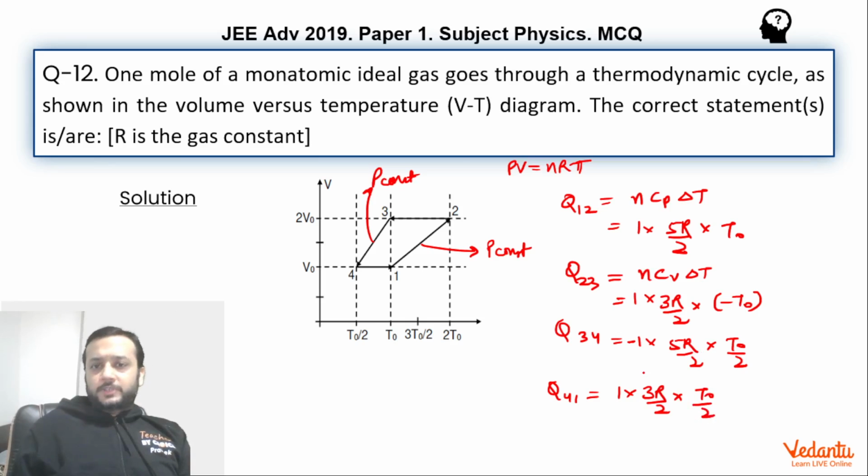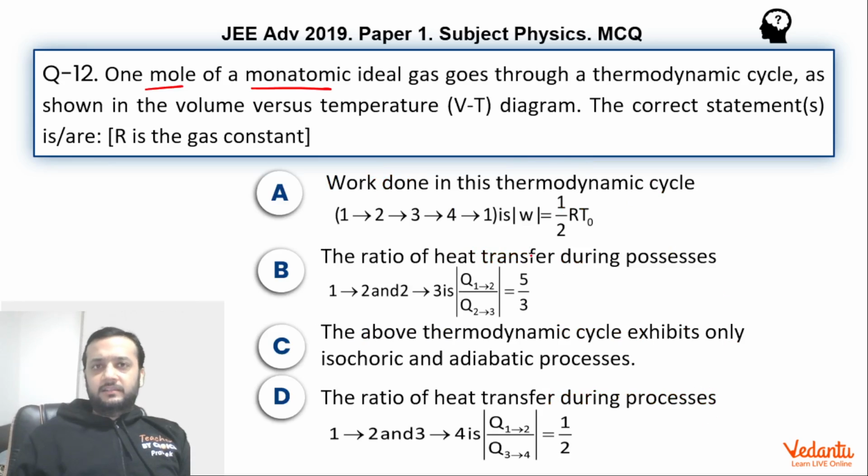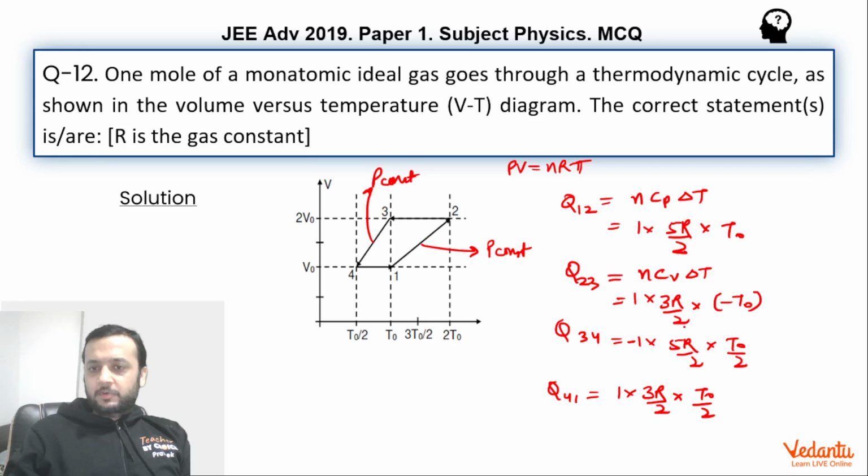Now if you go back to the options, work done in this cycle. For any cyclic process, the total sum of the Q is also W. So let's quickly add it up. 5R/2 T naught, and this is 5R/2 T naught by 2. This is 3R/2 T naught by 2. So if you add Q1 plus Q2 plus Q3 plus Q4, this will be 5R/2 T naught, and this is minus 5R/2 T naught by 2.